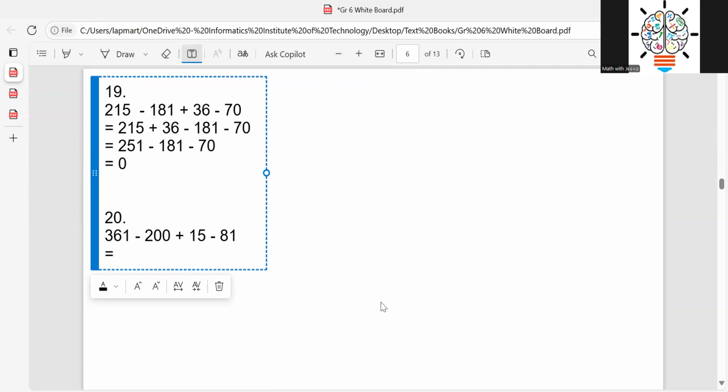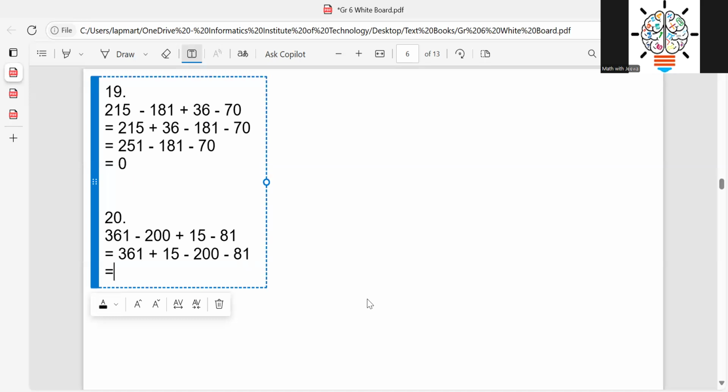Then we can write 361 plus 15, subtract 200, subtract 80. So we write 361 plus 15, so that is 376 and minus 200, then minus 80.